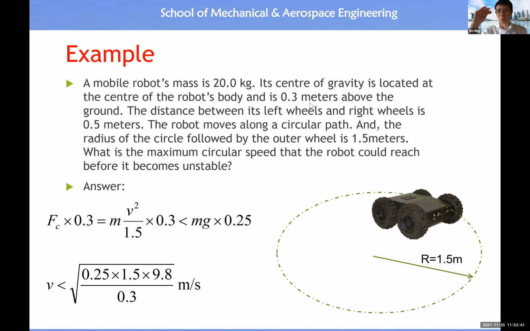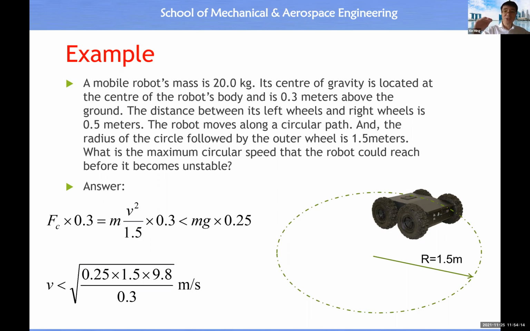It's 0.3 meter above the ground. So basically this shows you the moment arm of the center of gravity of the robot. You understand when this robot has a circular velocity, if this circular velocity reaches a maximum value, then the radial or centrifugal acceleration will also reach a maximum value. Behind centrifugal acceleration, there is a centrifugal force.